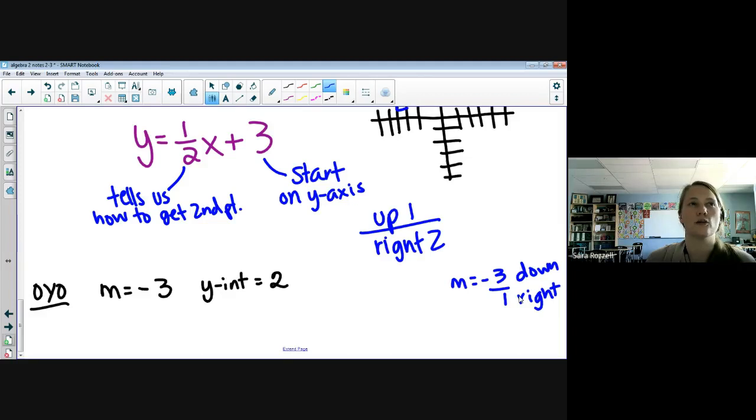Mallory, good job. I can't see your equation, but the graph looks good. Destiny, make sure you go down 3 and right 1. I think you went down 3 and left 1, so go to the right. Same thing, Morgan, down 3 and right 1. Your line needs to be slanted downwards.